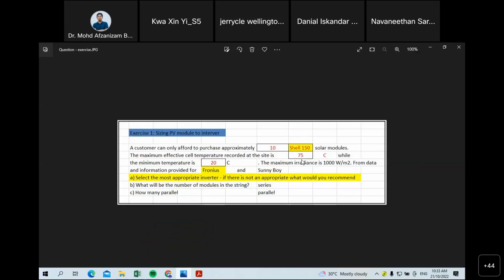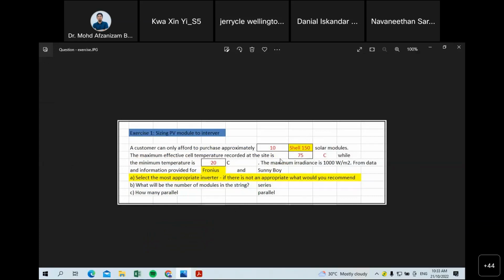Do you get what I'm trying to say? In the data sheet, it gives you the data in the case of 25 degrees C. But your actual maximum cell efficiency temperature at site is 75.